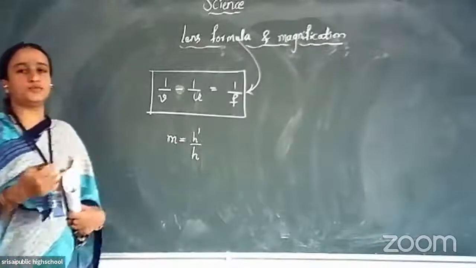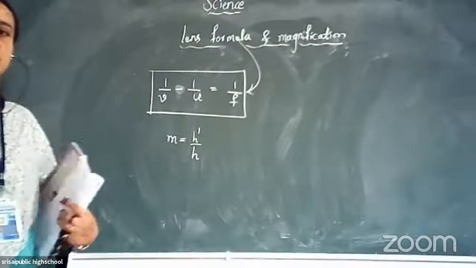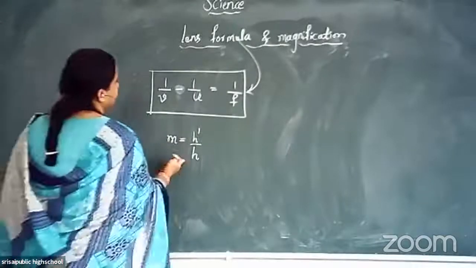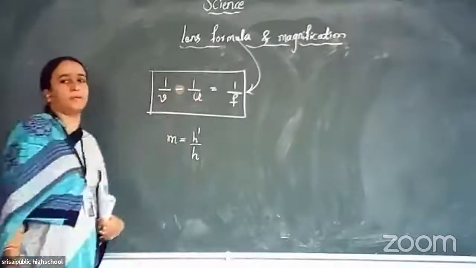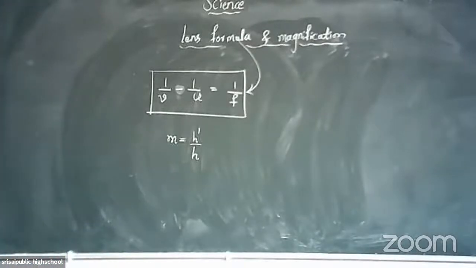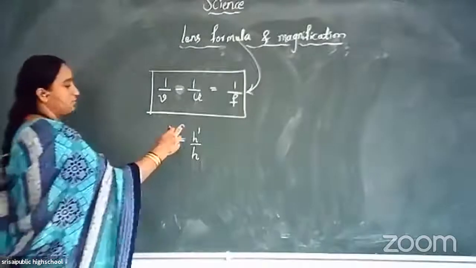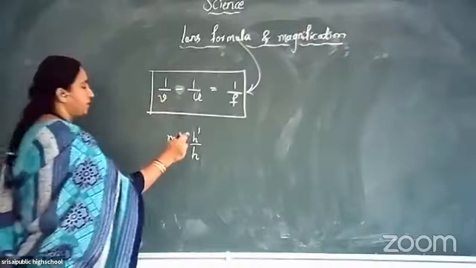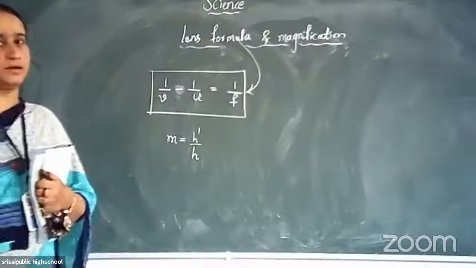Similarly, it is the same for the height of the object and image in terms of lenses also. The magnification formula remains the same both for lenses and for the mirror. Magnification is given as the ratio of the height of the image to that of the height of the object.